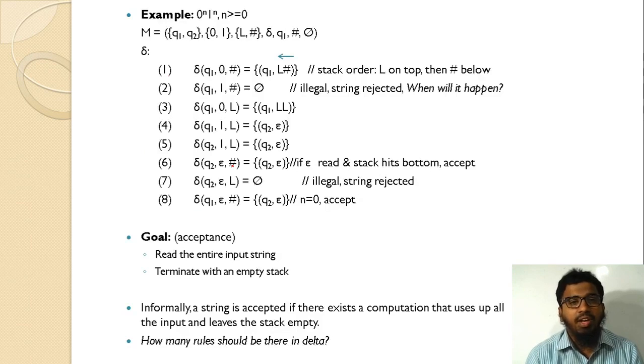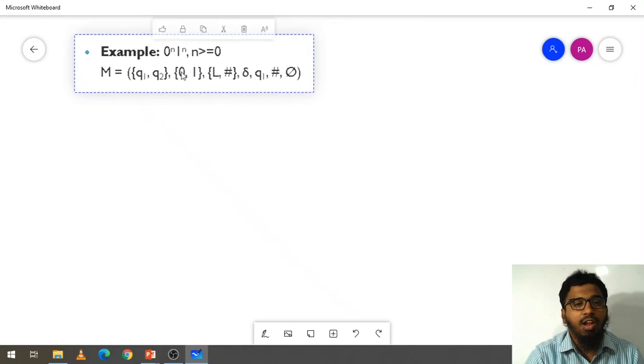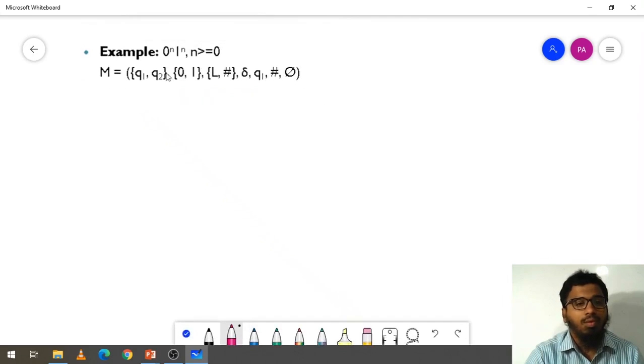Now, we will take one example. We will take one example to solve: 0 power n, 1 power n, n greater than or equal to 0. Fine. So here it is already given. What are these Q and sigma? This one is the finite set of states, and here the finite set of input symbols.